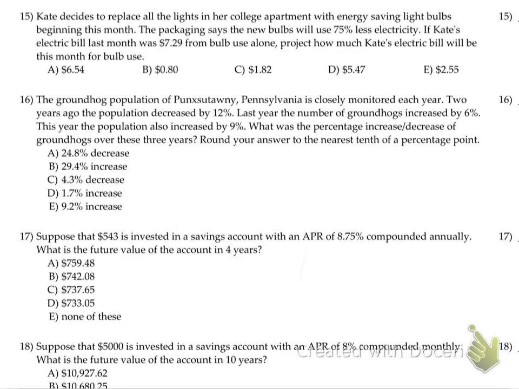So Kate decides to replace all the light bulbs in her college apartment, energy saving. The package says 75% less electricity. Her bill was $729 last month. Project her bill this month, assuming that's true.